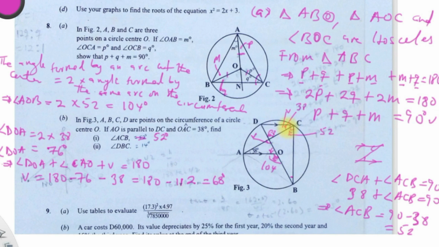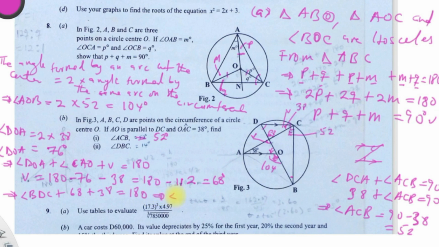Okay, so what we are doing is that we know this angle is 90. We want to find this other angle. If you get this one, then we can easily get the other, because the angles of this triangle have to give us 180. So this is 68. Now 68 plus 38 plus this angle D will have to give us 180 degrees. So angle BDC plus 68, the 68 we just found, plus 38 is equal to 180 degrees.